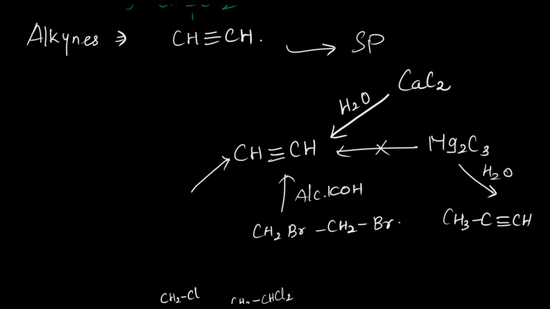Then, if I am taking CHBr2 with CHBr2, reacting it with zinc metal with heat, it is producing a triple bond system. The reaction is called dehalogenation, because halogens are getting removed. The next preparation is from alkyl halide, for example HC triple bond CNa.